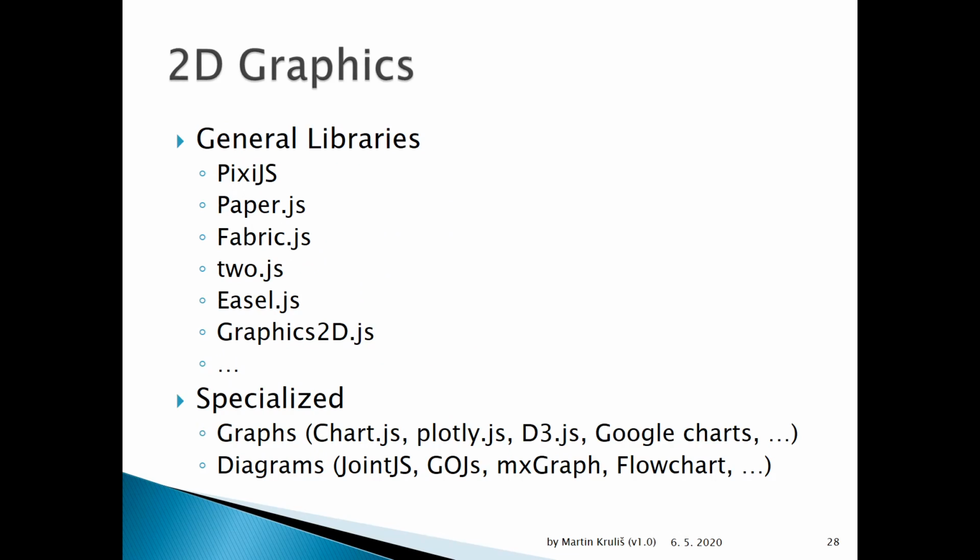Since the basic drawing context is somewhat crude, there are many libraries that focus on various aspects of computer graphics. This is just, let's say, the top of the list. Also, if you want to do something specialized like creating graphs or diagrams, there are other types of libraries. So these are basically the fundamental libraries, and these are specialized libraries.